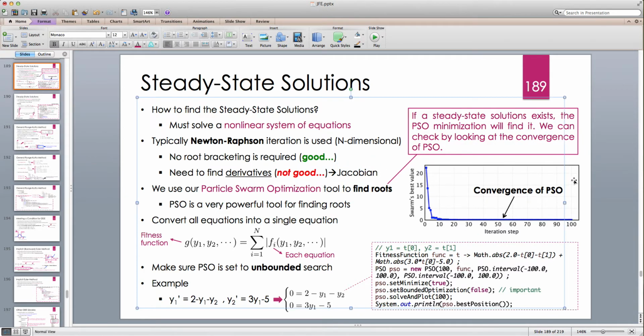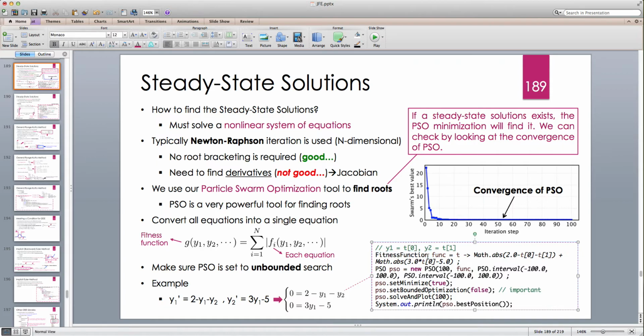And here's the convergence. So if there is a steady state solution for our system of ODEs, which means if the fitness function does in fact result in a minimum, if a minimum exists for the fitness function, then we should see a very nice convergence, and here we see that. So our fitness function, the PSO with an unbounded optimization, definitely reaches a steady state.